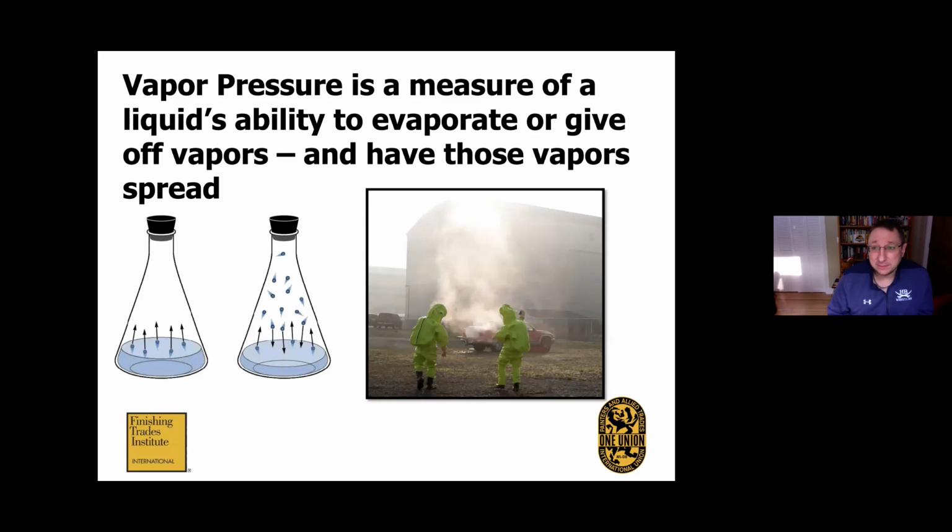Vapor pressure is a measure of a liquid's ability to evaporate or give off vapors and have those vapors spread out. So every liquid has a vapor pressure, and vapors are always escaping. Some are escaping faster, some are escaping slower. It really depends on the liquid. Also, we can change that by adding heat or taking away heat.